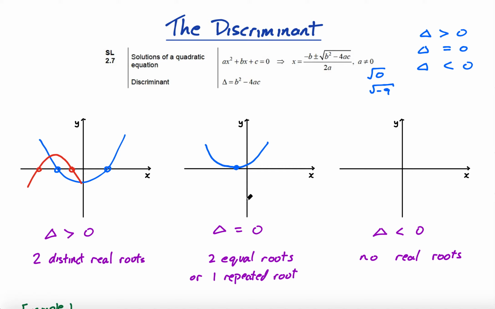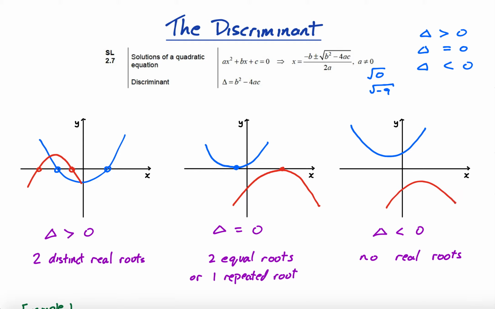Or the negative quadratic, like so, touches it only once. So there we have our one repeated root, or as I said, we say two equal roots. And then finally, if it has no roots, it comes down and it doesn't touch the x-axis at all. Or the negative one doesn't touch the x-axis at all, like this.